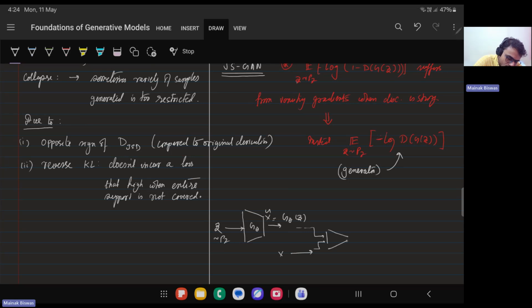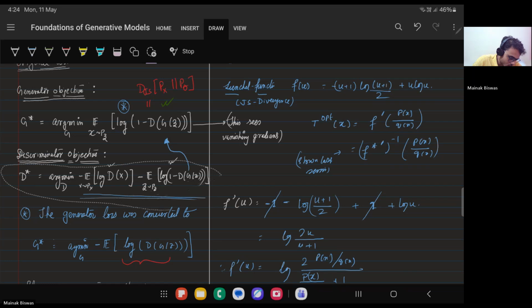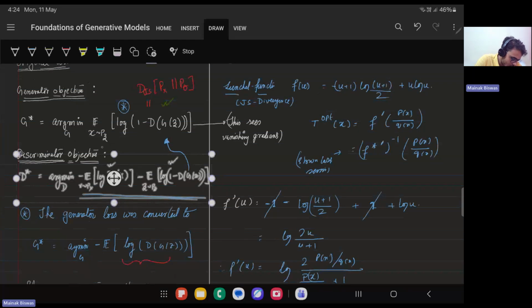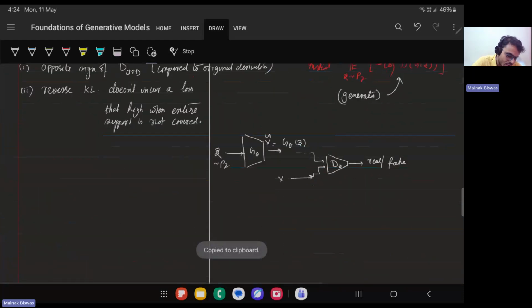The discriminator is trying to predict real or fake. The discriminator would have its own loss. So this is my Goodfellow GAN.